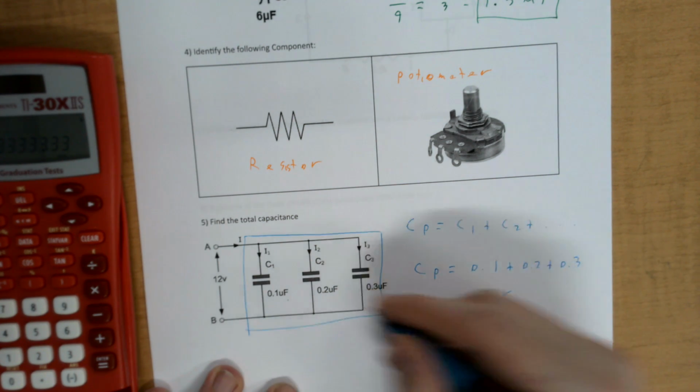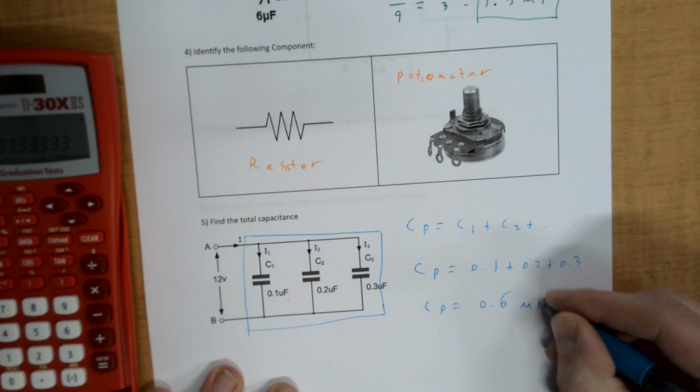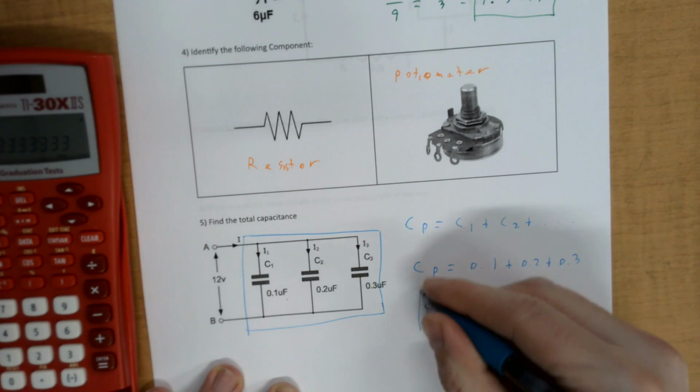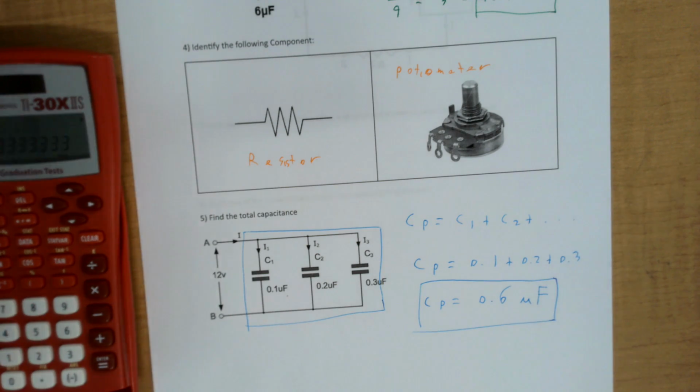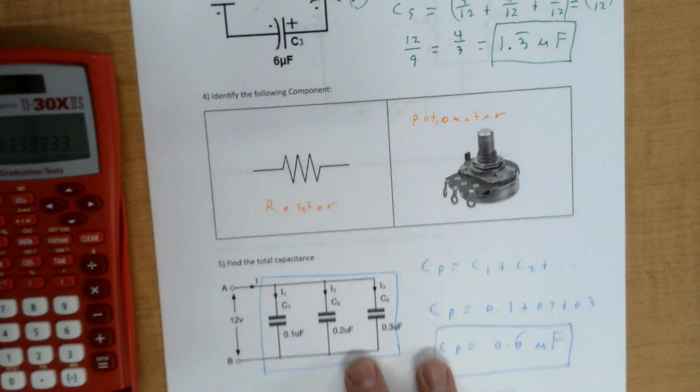Don't forget microfarads are still around. Probably not the best handwriting, but it is my handwriting. There you go. Hopefully that's not too bad, but it's the same thing as the other page, except the equations flip and you're replacing R's with C's. Not that bad though. So this is probably an easier page, hopefully, the review.